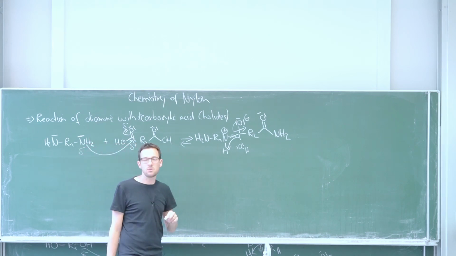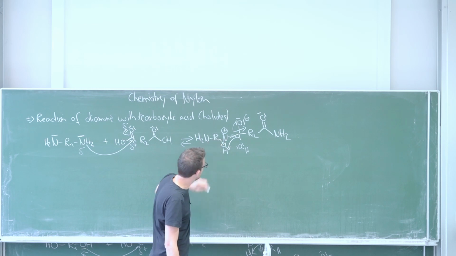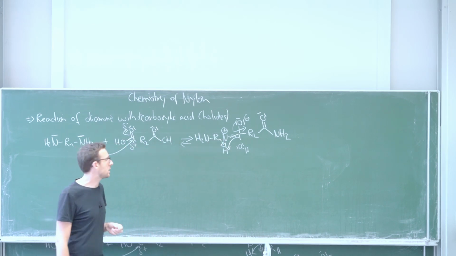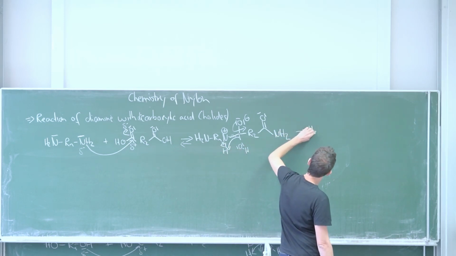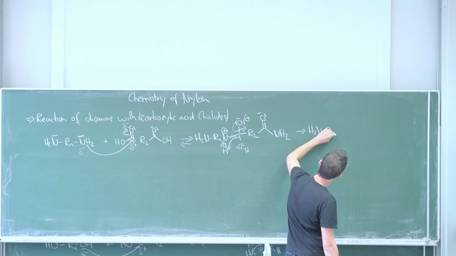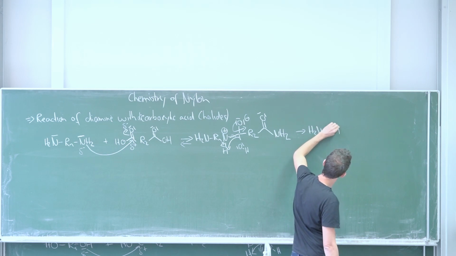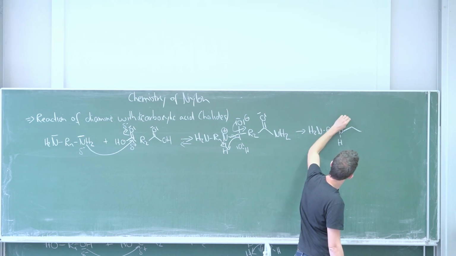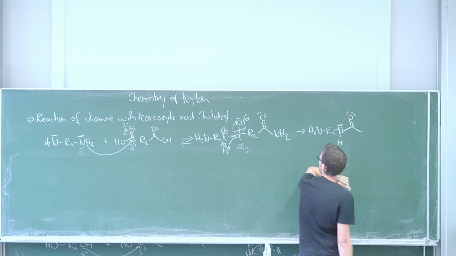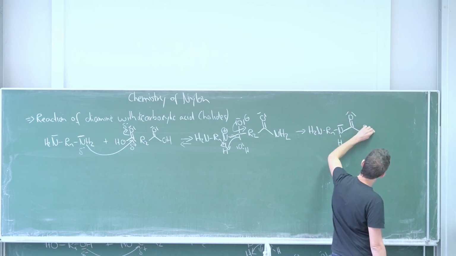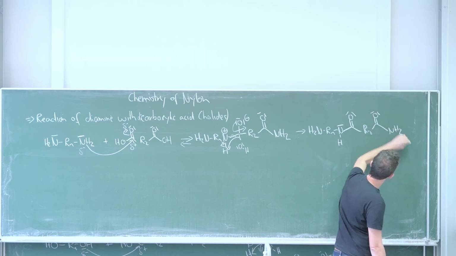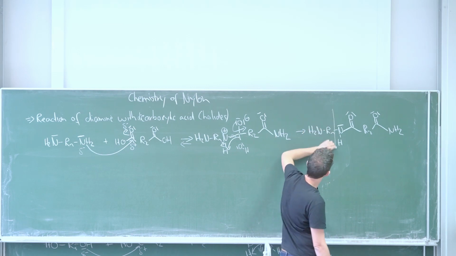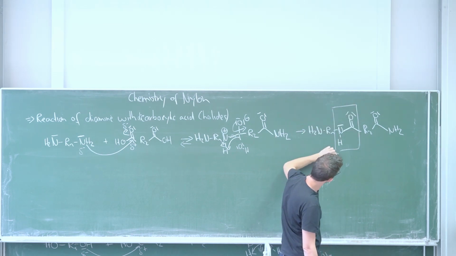This can take over the hydrogen, and when it does so, the amine recovers its electron lone pair. And now what we have formed in this step is an amide bond.